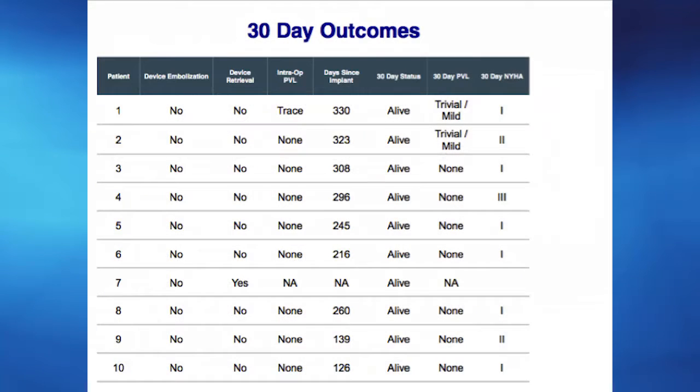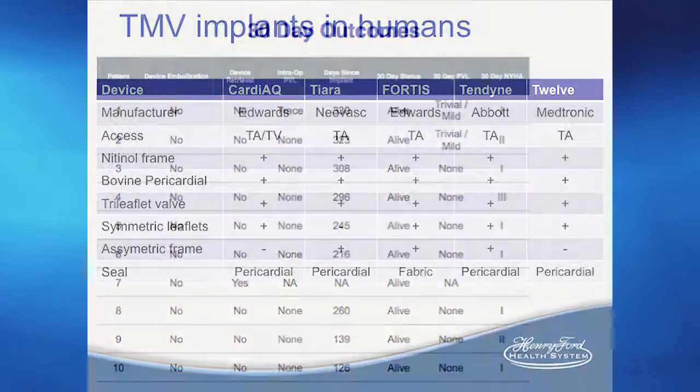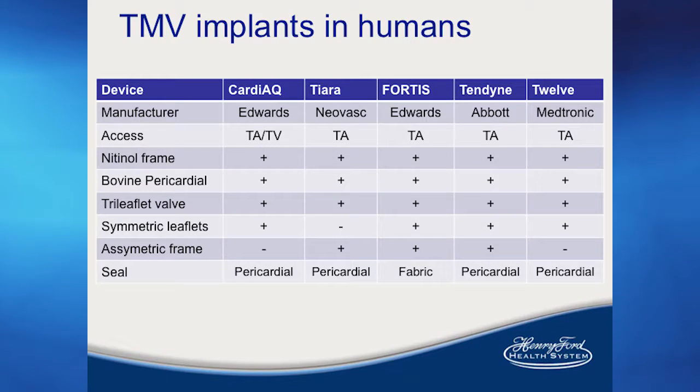And these are just some of the 30-day outcomes. What you see is all 10 of these patients lived, and this is just some European data, and they had good results with respect to decreasing the leak. So, it looks promising. I don't know if this is a busy slide, but it shows some of the technology that's out there and who it's coming from. Edwards bought CardiAQ, and I think this is the only one with transvenous access.